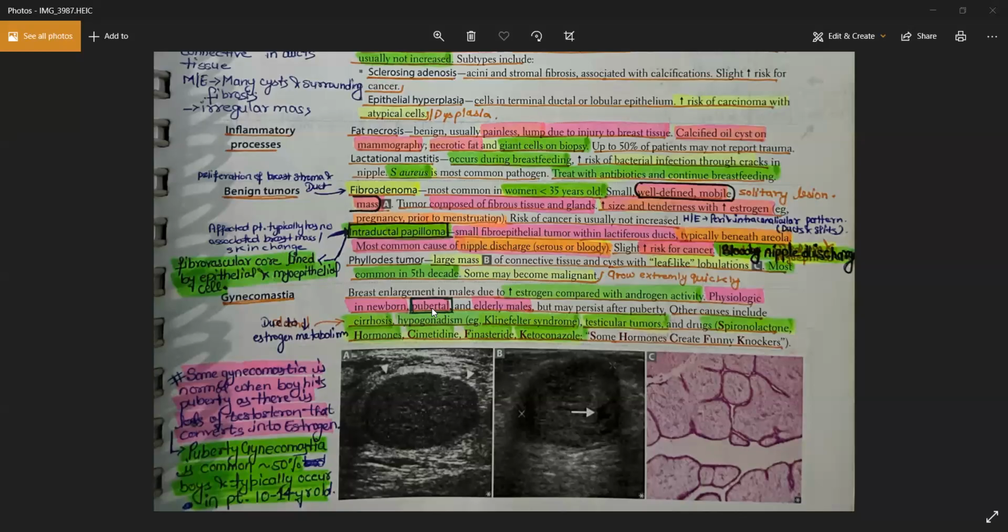But after that, if this male is involved in some kind of athletic activity, or maybe weightlifting, then there is a high chance that he is abusing androgens, and that again can lead to gynecomastia. So whenever you encounter a totally normal male, no athletic activity, no weightlifting, who just hit puberty and now has gynecomastia, think about physiologic gynecomastia.